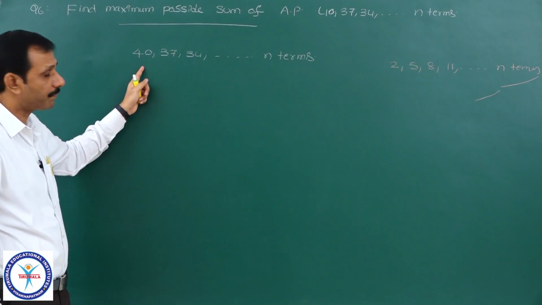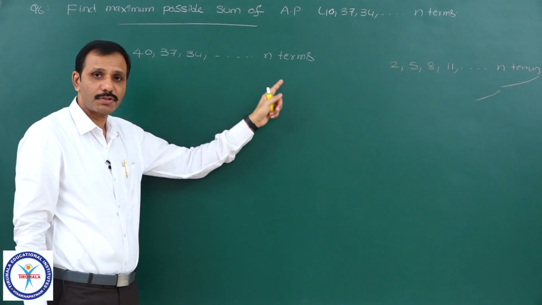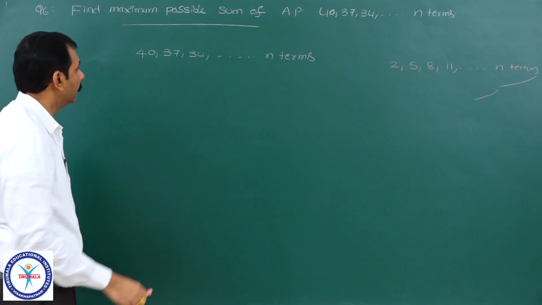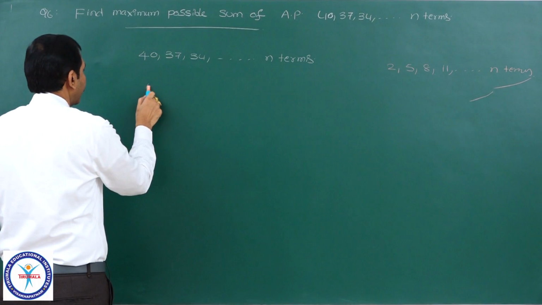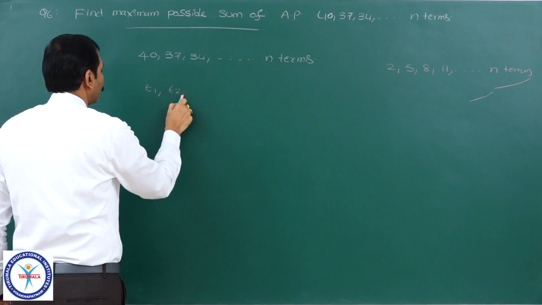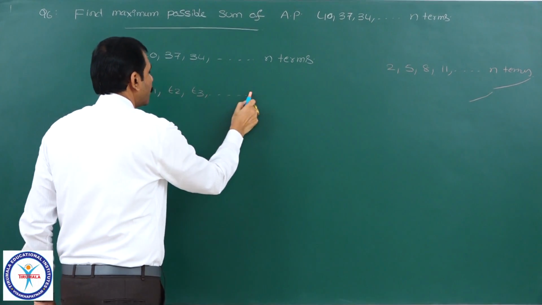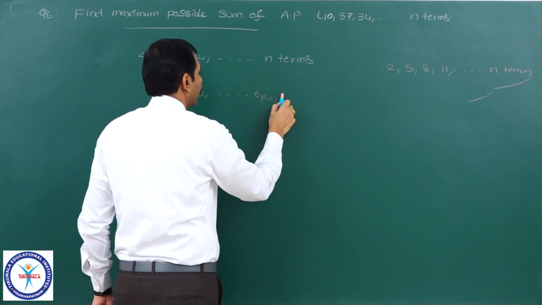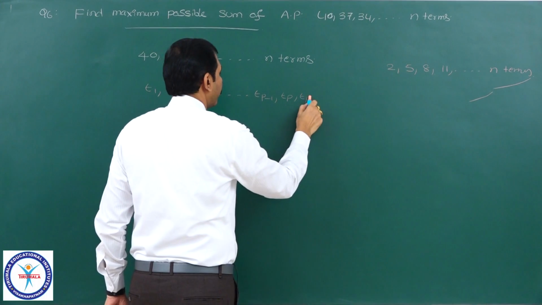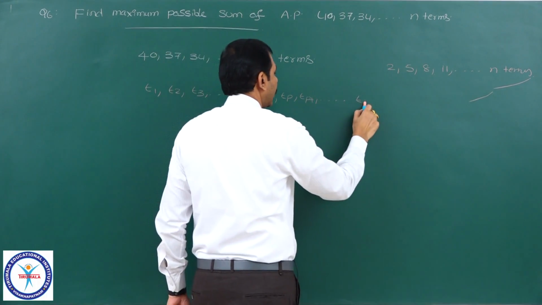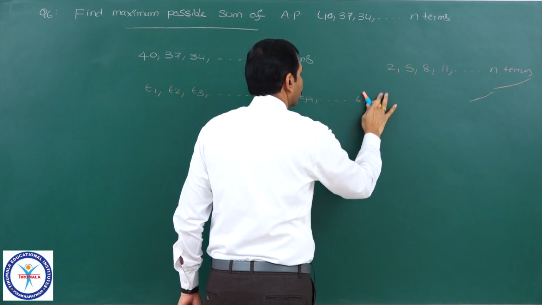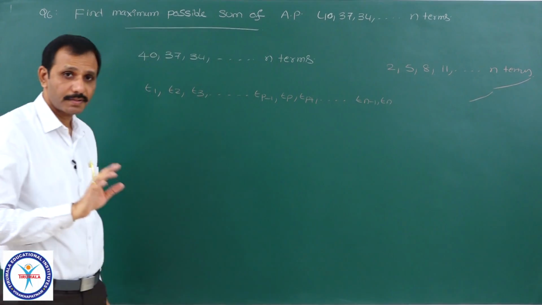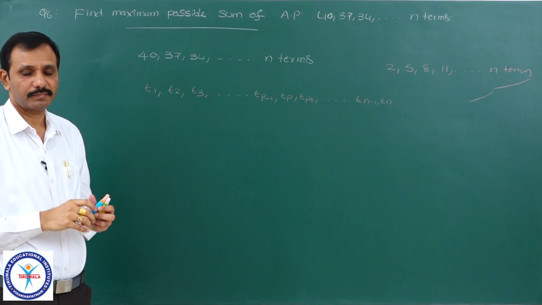Starting with positive terms 40, 37, 34 and so on n terms they are asking. What is the meaning here you see? Suppose I take T1, T2, T3 and so on, somewhere here Tp minus 1, Tp, Tp plus 1 and so on Tn minus 1, and of course here Tn will be there.